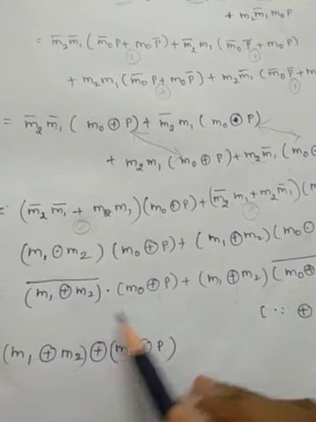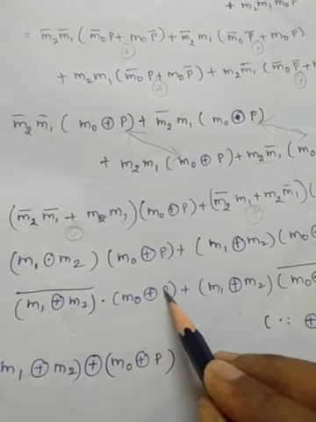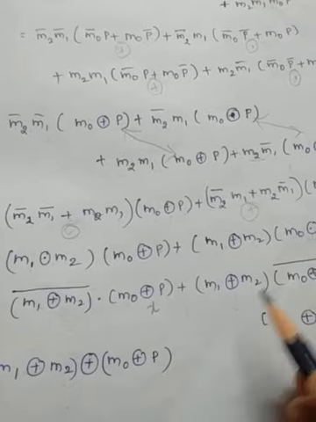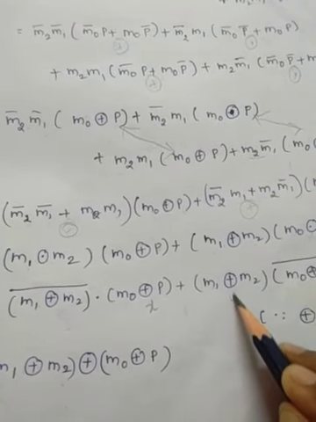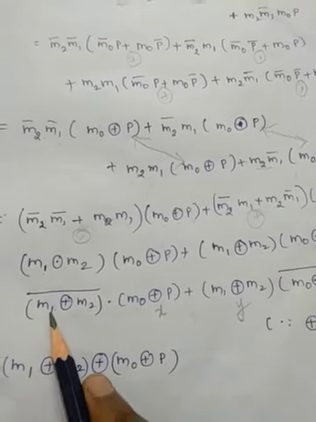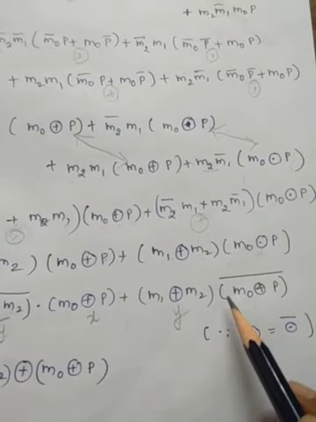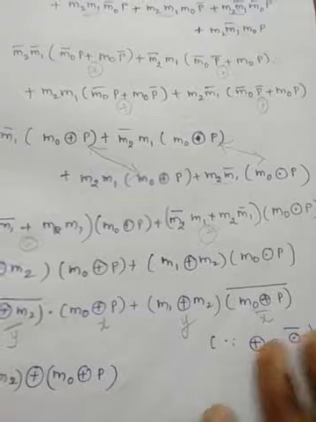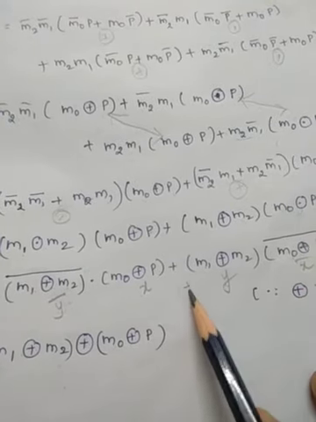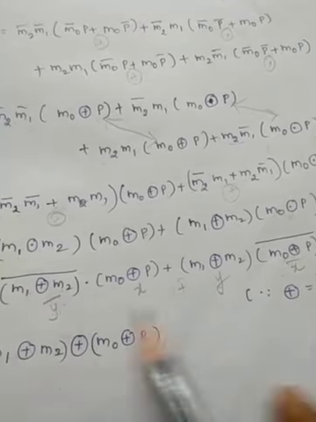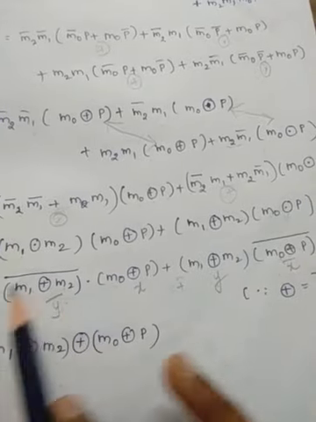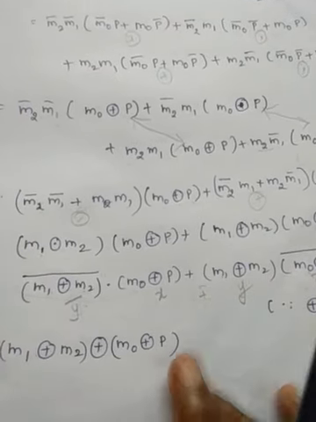Suppose we let m0 XOR p be x and m1 XOR m2 be y. So m1 XOR m2 whole bar represents y bar. So this is x y bar plus y x bar. Again this is in the form of an XOR operation.